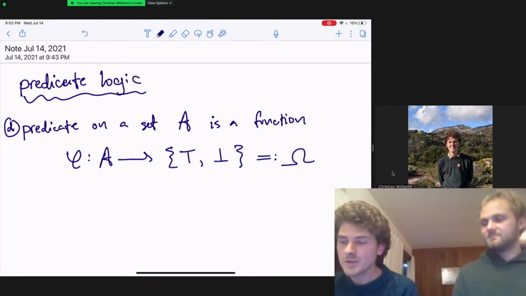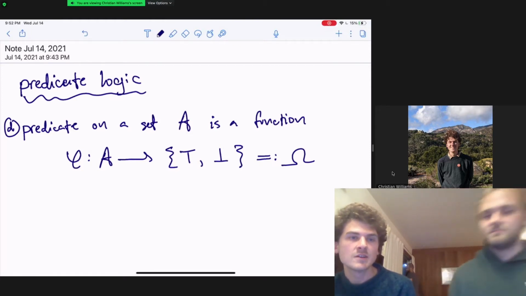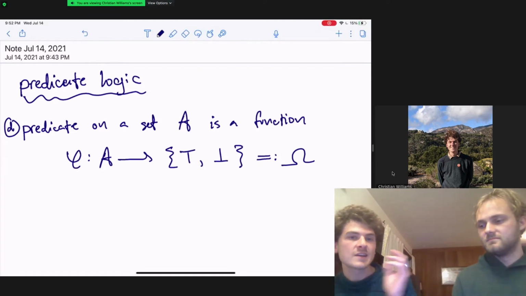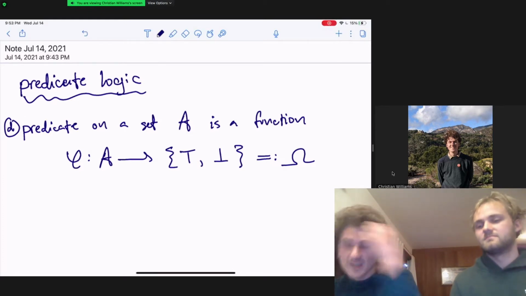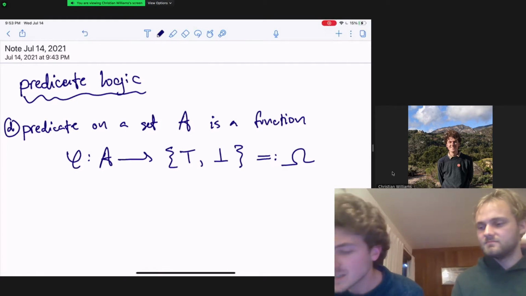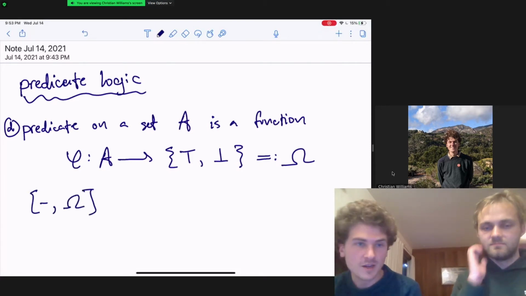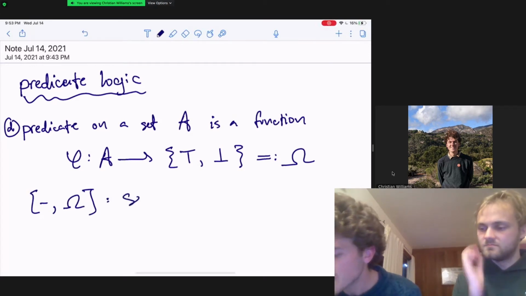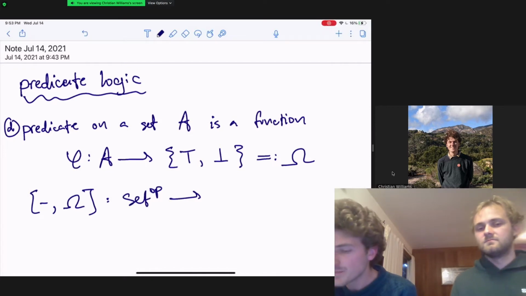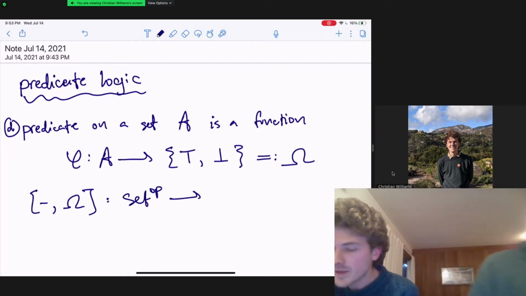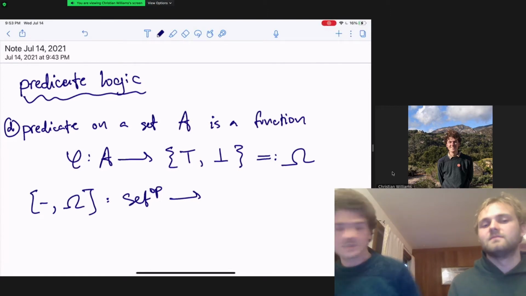Predicate logic is really about going from set theory and looking into this special object. In category theory terms, that looking into is thinking about this Hom into omega. This is a functor from Set^op to something that sends a set A to the set of predicates on it.